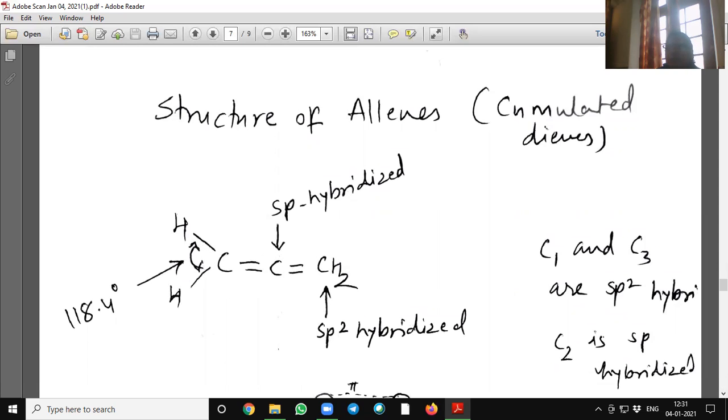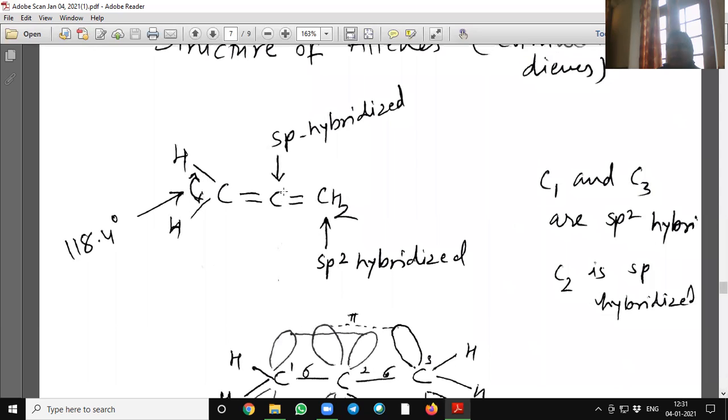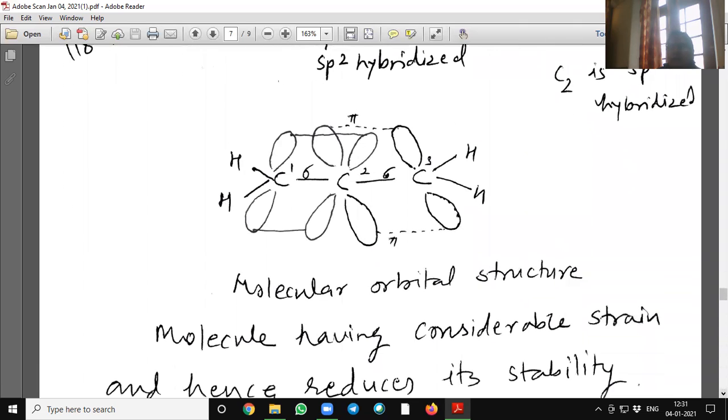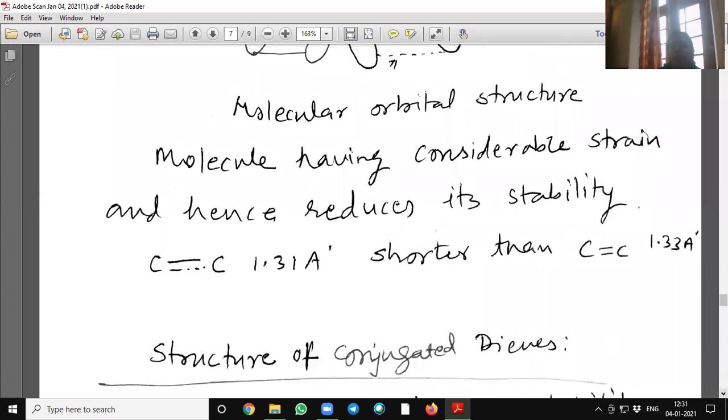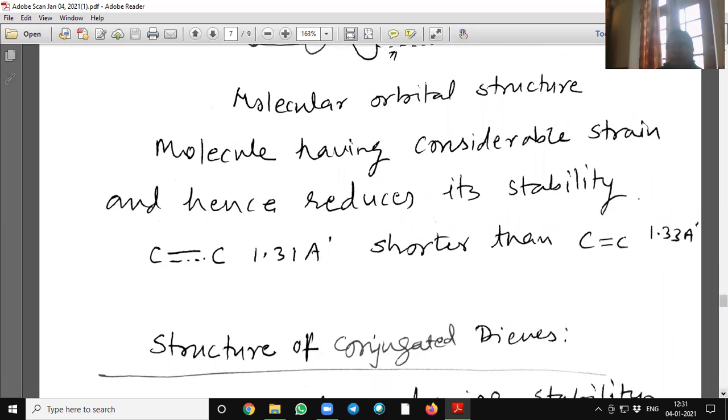So due to the difference in hybridization, its stability is reduced and the bond length is also changed. The normal carbon-carbon double bond length is 1.33 angstrom, whereas in allene it is found to be 1.31 angstrom. It is reduced due to the difference in hybridization.